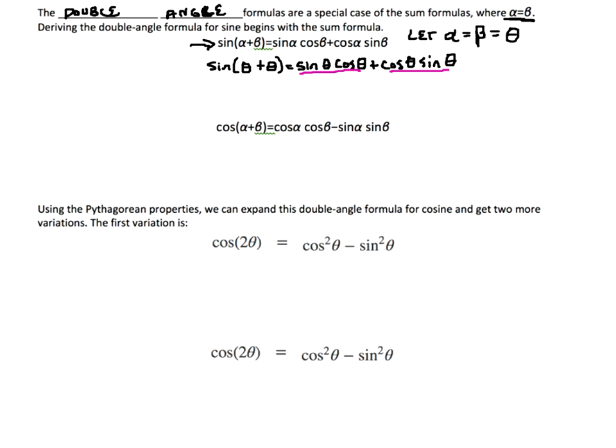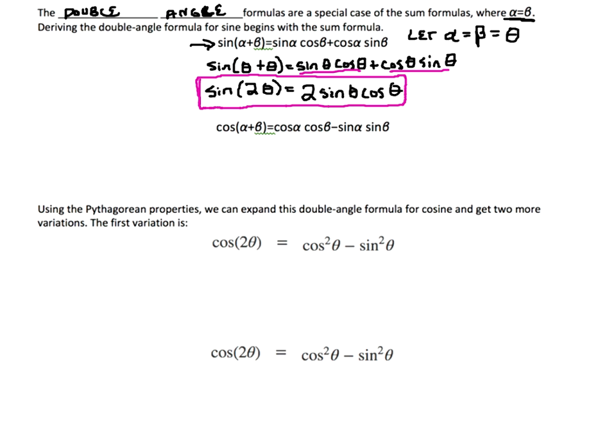So what we end up getting is that the sine of 2 theta, an angle that's been doubled, is equal to 2 times sine theta cosine theta. And that is our double angle formula for sine. Not too difficult to arrive at that conclusion.